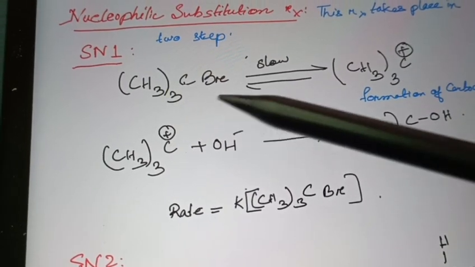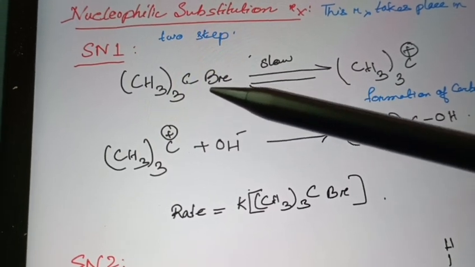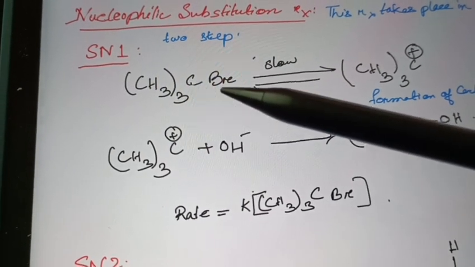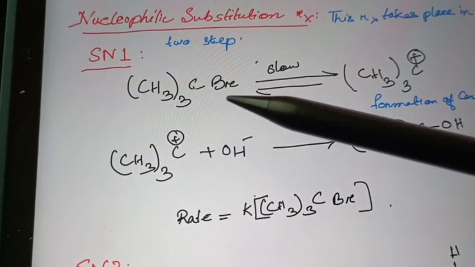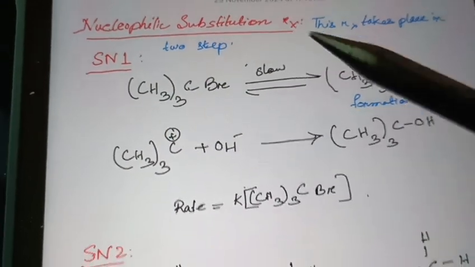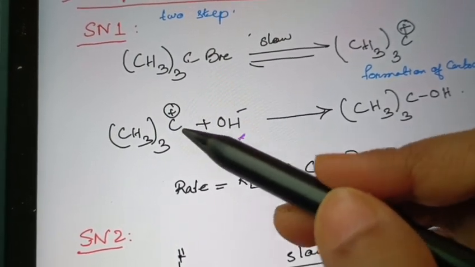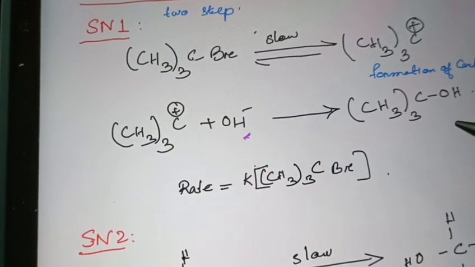The first step is the formation of carbocation, and that is the slowest step, in which the leaving group will be leaving, and the leaving group here is bromine and a carbocation is formed. In the second step, the nucleophile, here the nucleophile is OH negative, takes this carbocation and the product is formed.